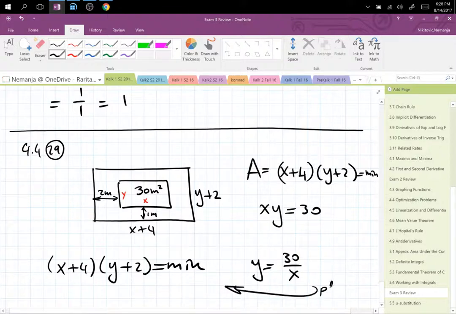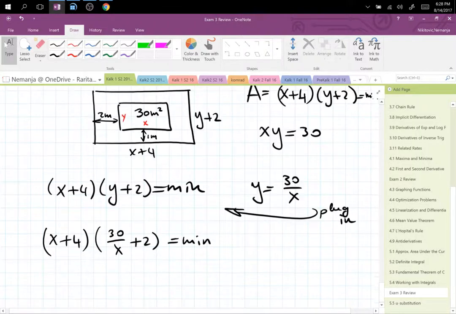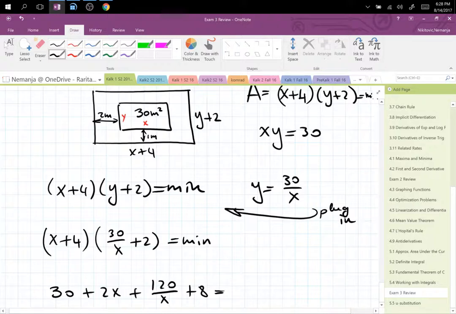Plug in, and we get x plus 4, and then y is 30 over x, plus 2 equals a minimum. Multiply out all of it, the x's cancel, we get 30 plus 2x plus 120 over x plus 8 equals a minimum.